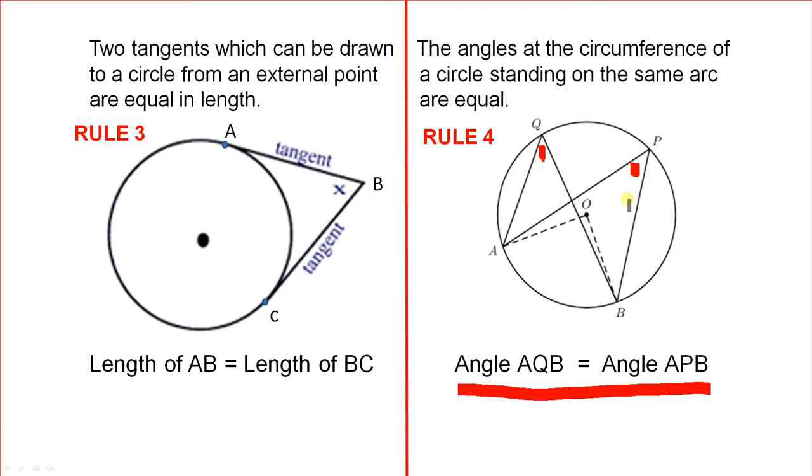And why is that the case? Because look, they both stand on this arc. That's the reason. So see that angle there, standing on the red arc AB. See that angle there, standing on the red arc AB. When that is the case, both those angles at the circumference are equal.